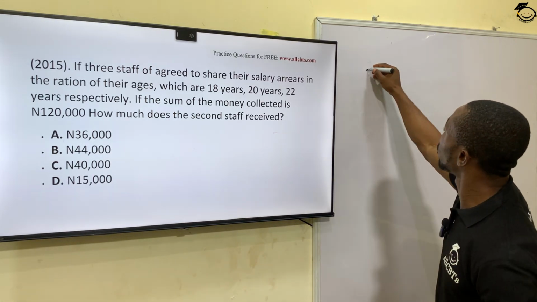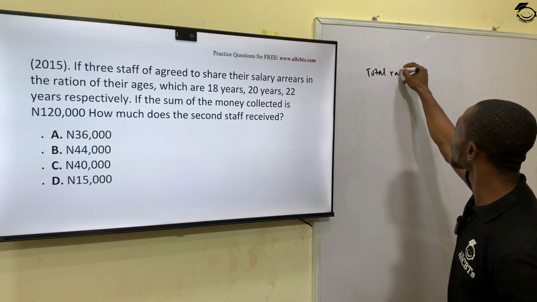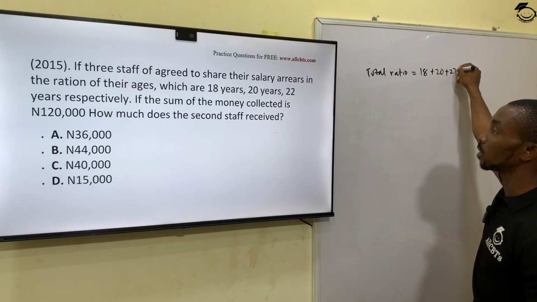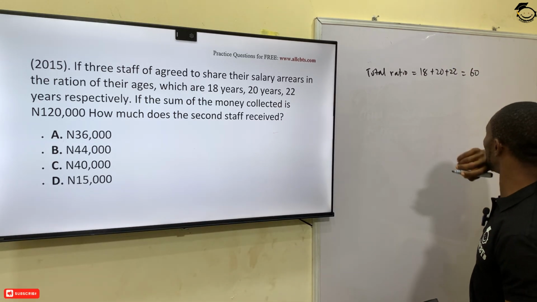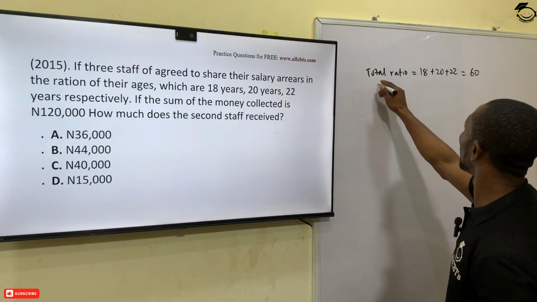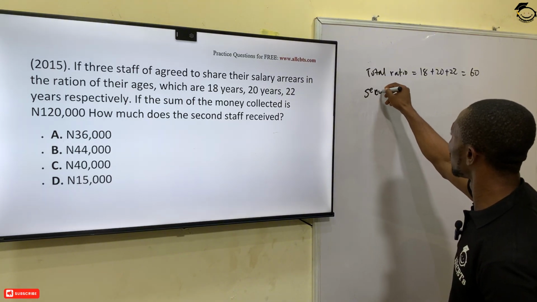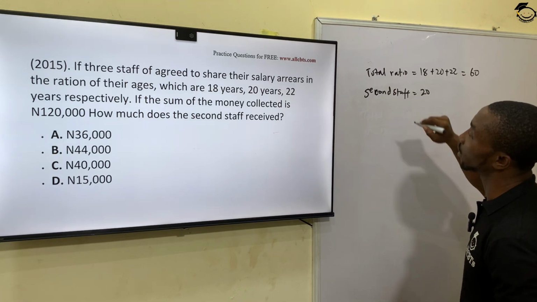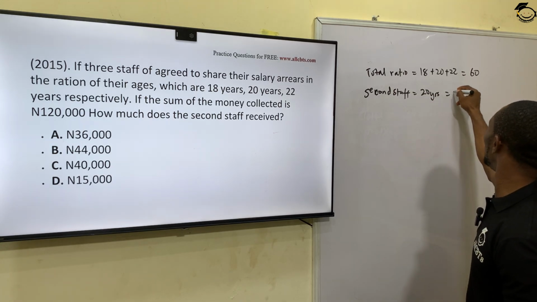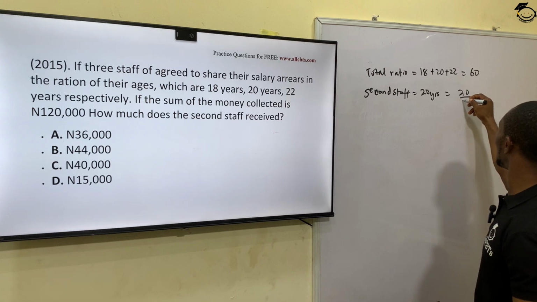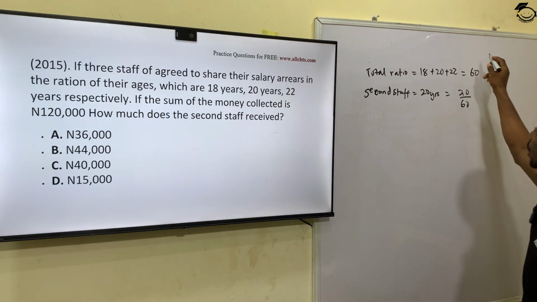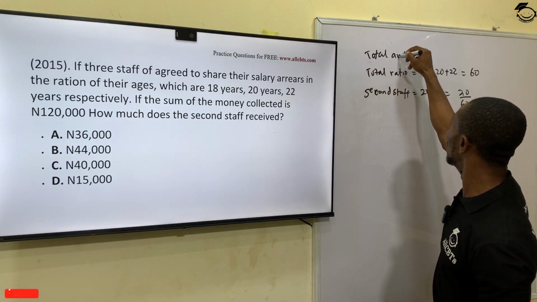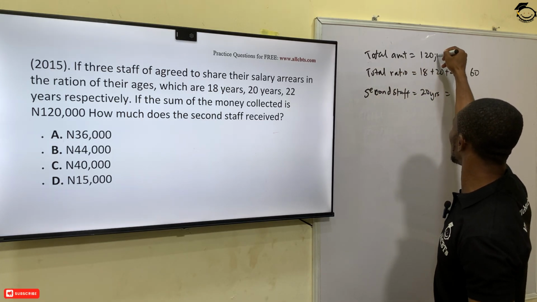Now, their total ratio, 18 plus 20 plus 22, gives us 60. Okay, so for the second staff, which is 20 years, would be 20 over 60. Now, total amount collected is 120,000.